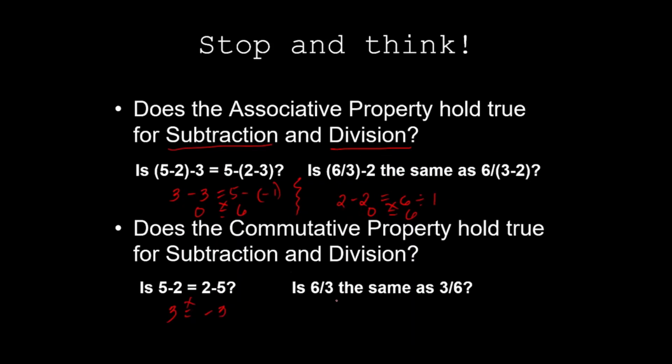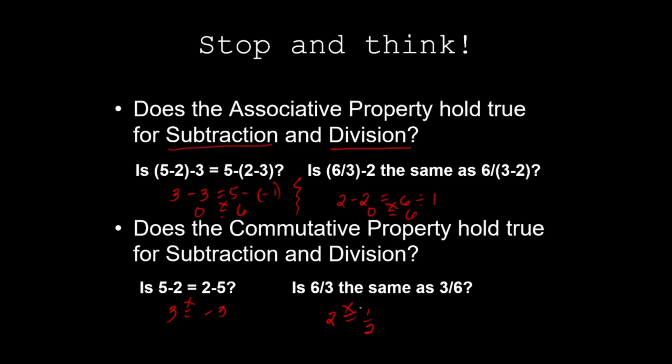How about 6 divided by 3? Is it the same with 3 divided by 6? 6 divided by 3 is simply 2. 3 divided by 6 is 1/2 or 0.5. 2 is not equal with 1/2. So basically, it does not hold true kay division.